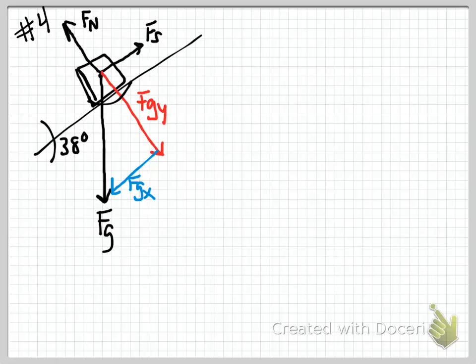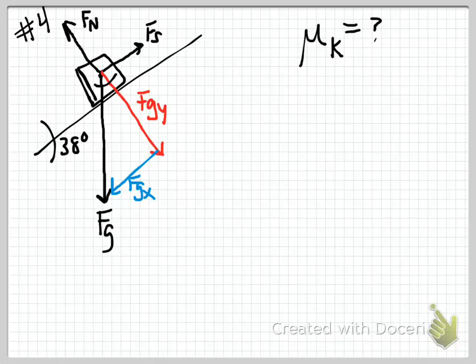That's our 38-degree angle. You can do the geometric proof yourself if you feel the need. So what we're looking for is the coefficient of kinetic friction. Oh boy.